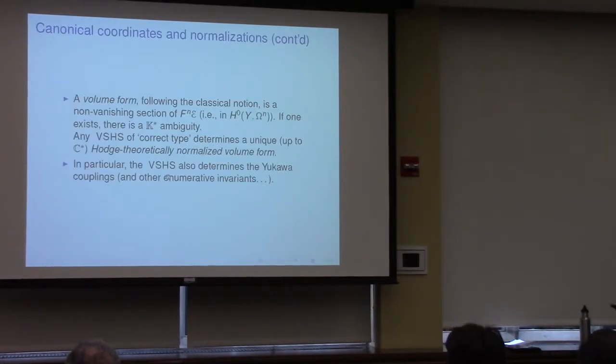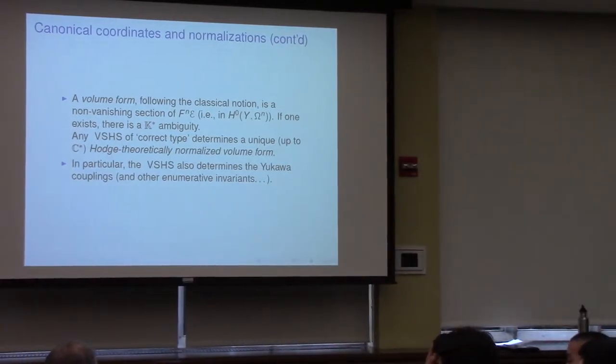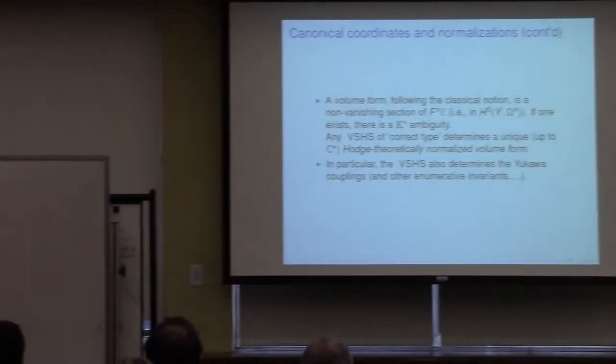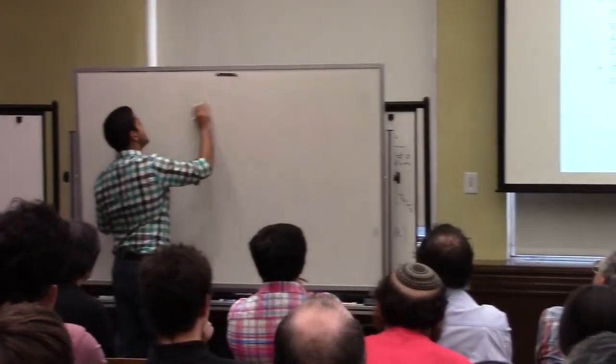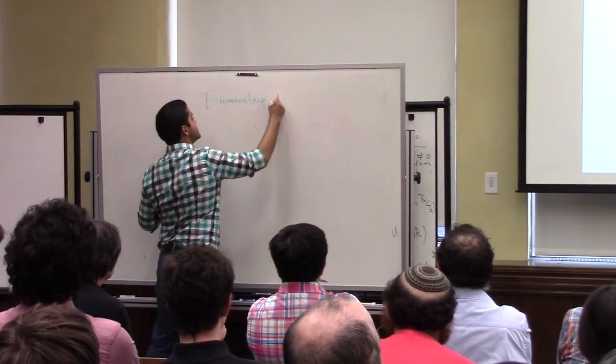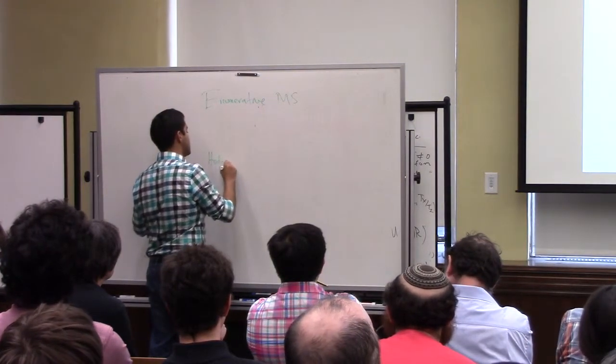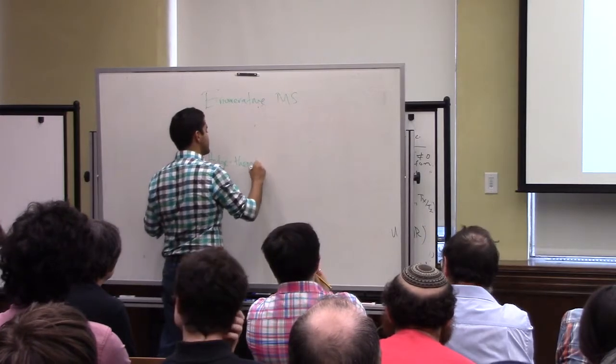Okay, so actually, maybe I should just repeat this. The point is, I'll draw a picture just to keep in mind. So here we have enumerative mirror symmetry. Here we have Hodge theoretic mirror symmetry.